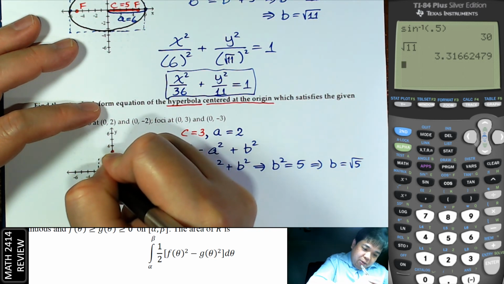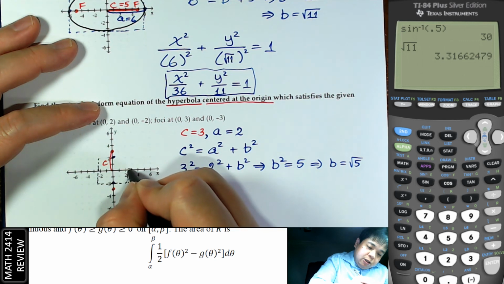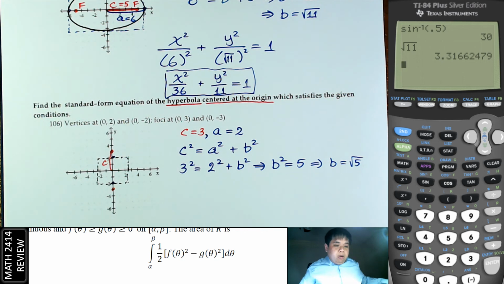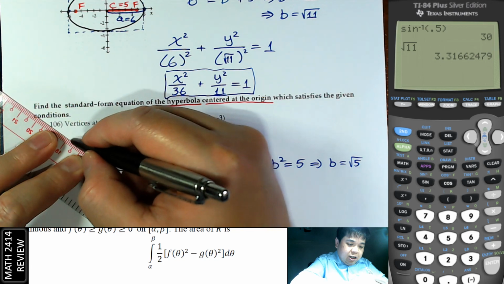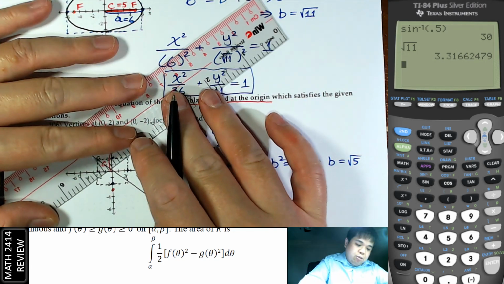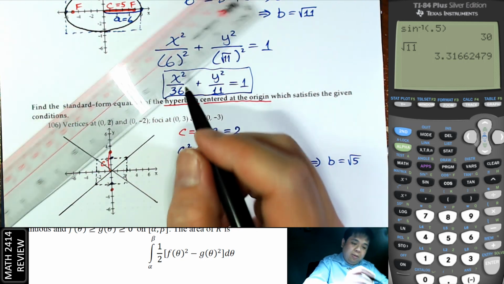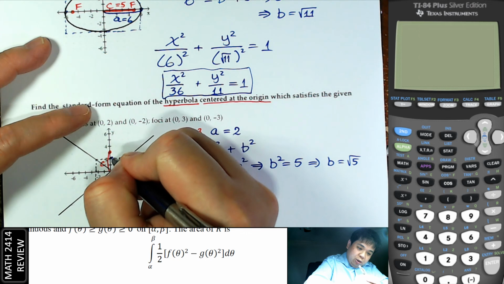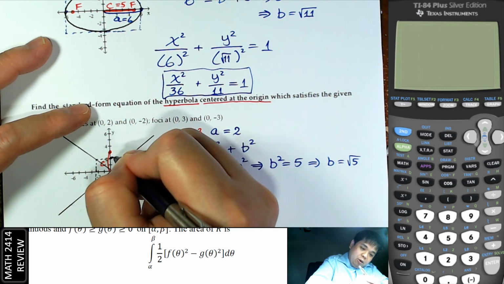And then we draw a box. For a hyperbola, there will be 2 asymptotes. And the graph of the hyperbola will go around the focus and approach the asymptotes.